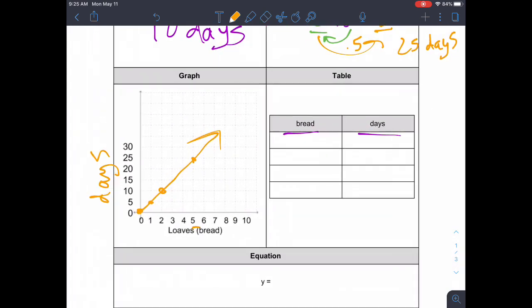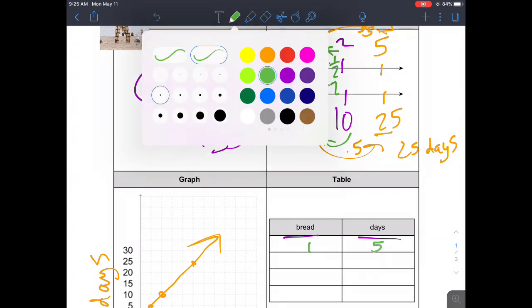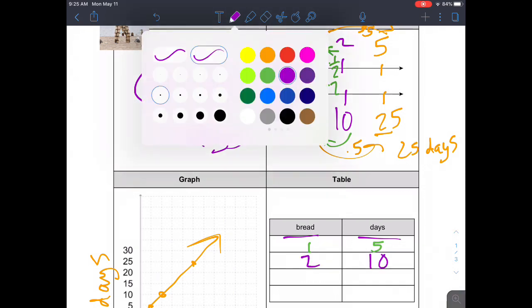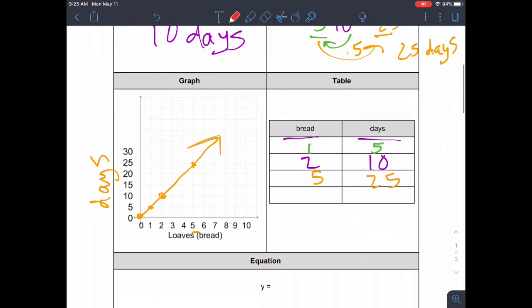Nice. So now let's get that information recorded over here in our table. So we know that 1 loaf will take 5 days, 2 loaves will take 10 days, and 5 loaves will take 25 days. But then the question is, how many days will X loaves of bread take?